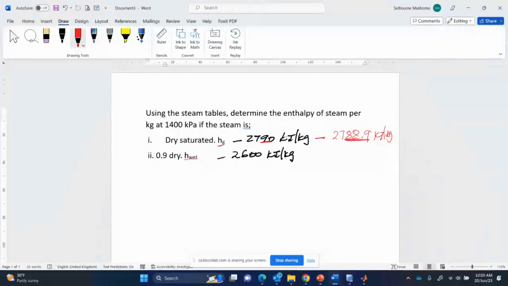Let's have the second one. The second one, we have to calculate h wet, which we know is hf plus x hfg at 1400 kPa. So now we go to the steam tables and get hf and hfg at 1400.